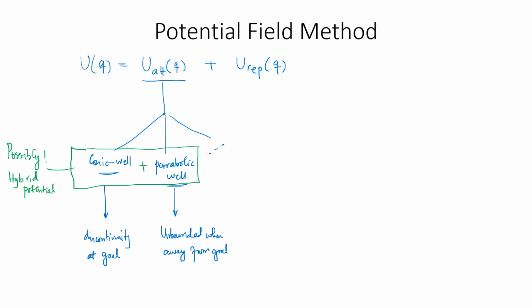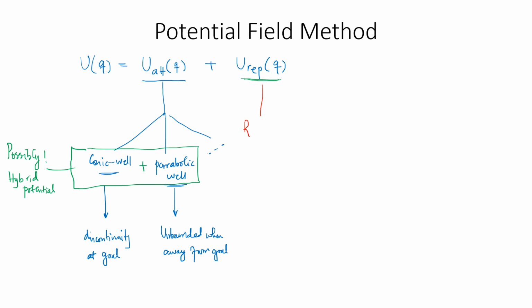And we explored that. Similarly, for the repulsive potential, we observed, let me use a different color, that for all the obstacles, you are going to find out certain region of influence. And that was the first point in that observation.